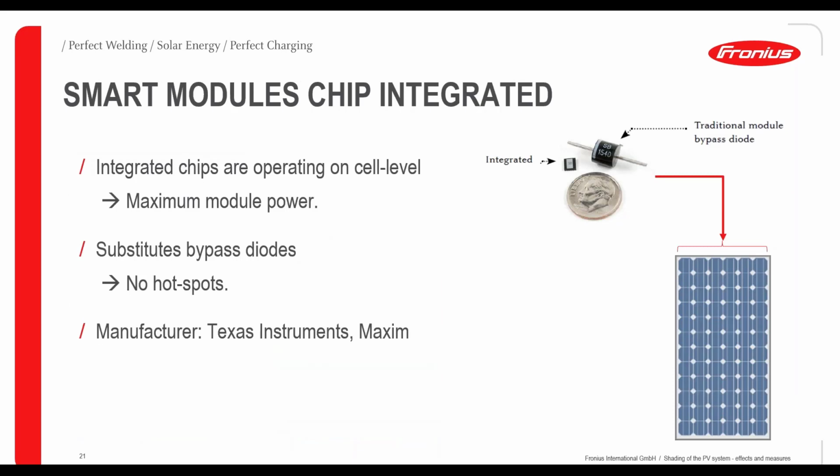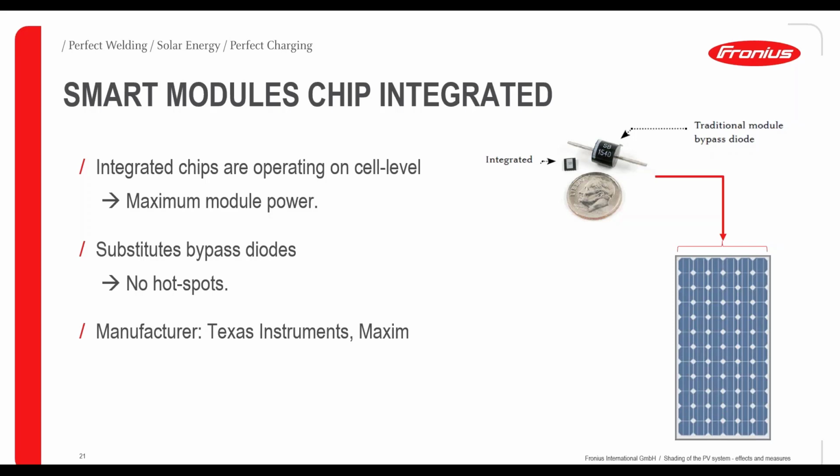And yeah, now I want to cover some solutions which are available for extremely strong shading and different and complex systems. The first thing I want to mention are smart modules. That's actually just an integrated chip instead of a bypass diode within a standard module. And this integrated chip actually operates on cell level, let's say, and gets out the maximum module power, also in shaded situations.